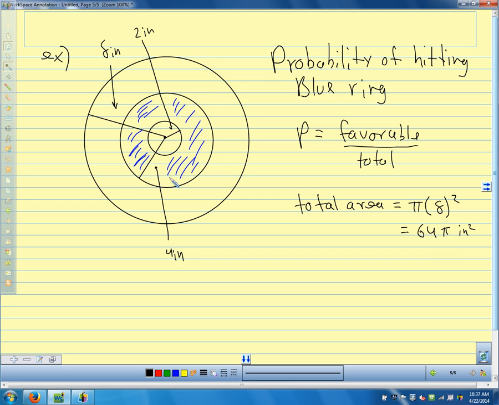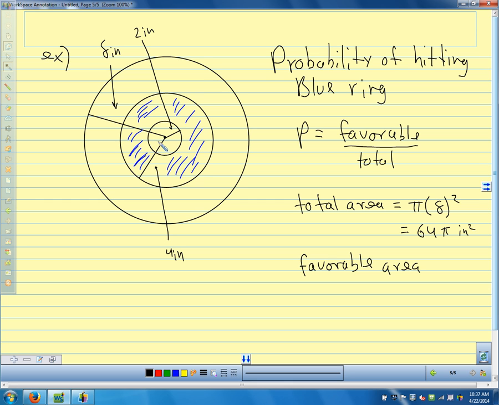Our favorable area. How are we going to find our favorable area? We need the area of the entire blue circle, but we need to get rid of part of it. We need to get rid of the center part. So how do we get rid of that center part? Subtract it.